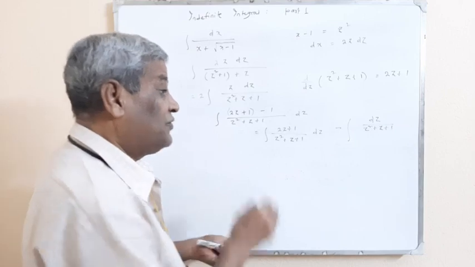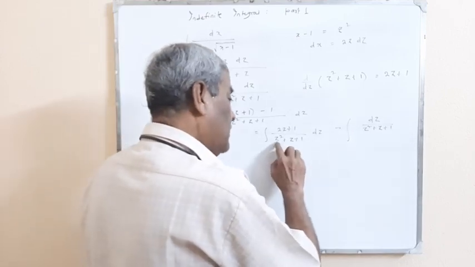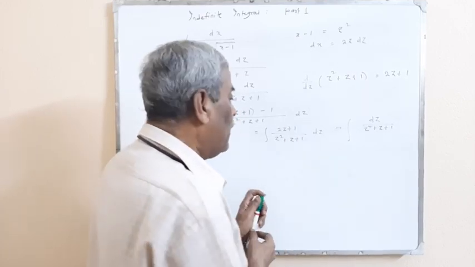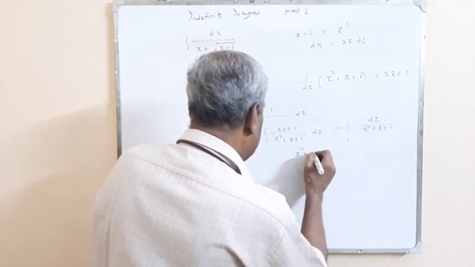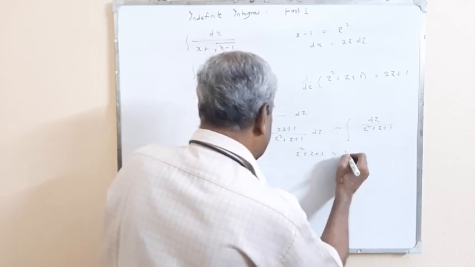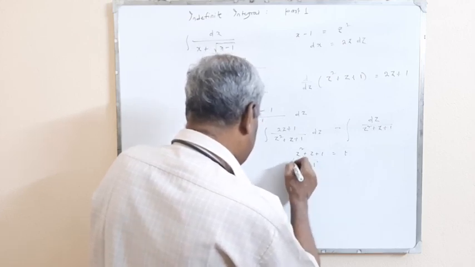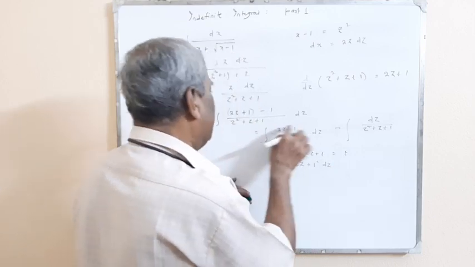Now the first integral is always log of that. Why log of that? Because if you take z square plus z plus 1 is equal to t, then 2z plus 1 dz, its derivative, actually it is ready.